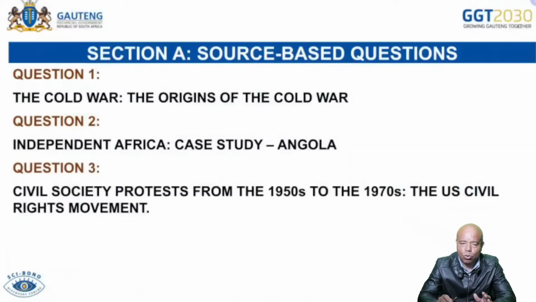I will be talking about the content later, but it is very important that you understand. Question two, independent Africa, a case study of Angola. Question three, civil society protests from the 1950s to the 1970s, which is the USA civil rights movement.